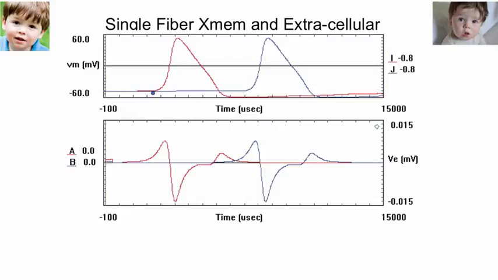On the intracellular trace, essentially it goes up, comes back down. It does go below the baseline for a period of time, but to a first approximation, this is a positive going pulse of the inside with respect to the outside. On the other hand, the extracellular waveform is biphasic.